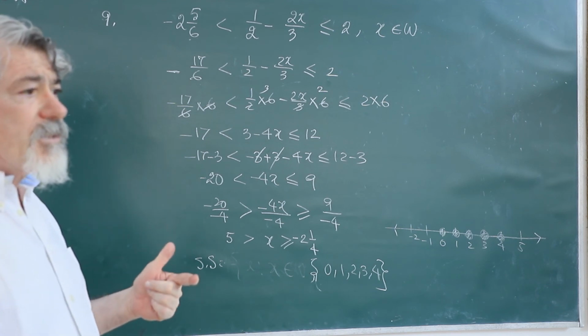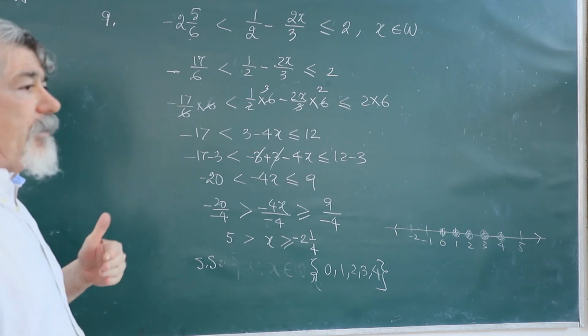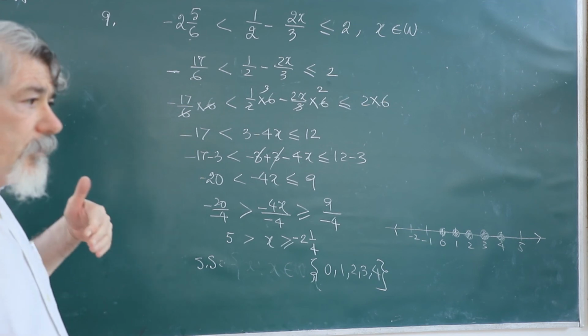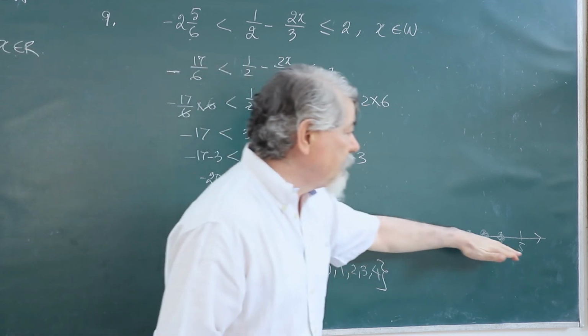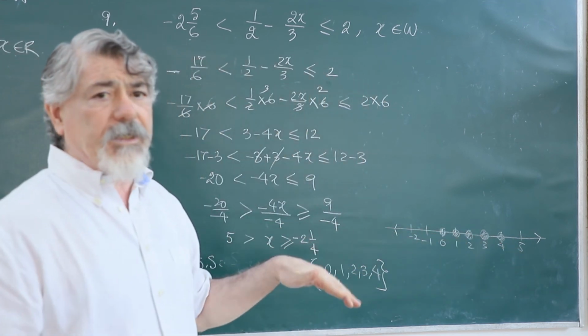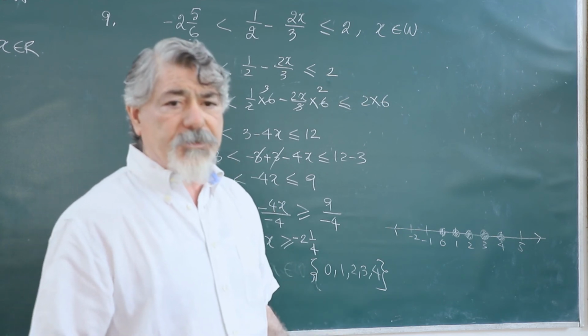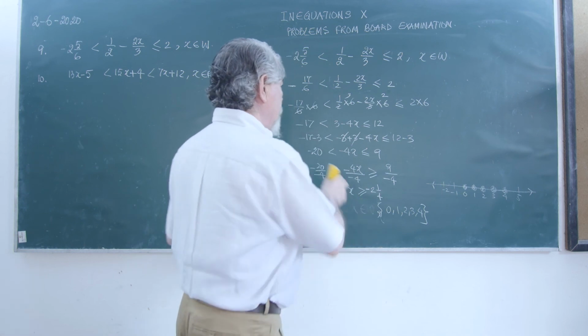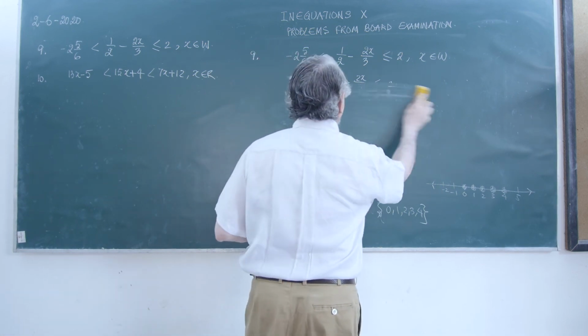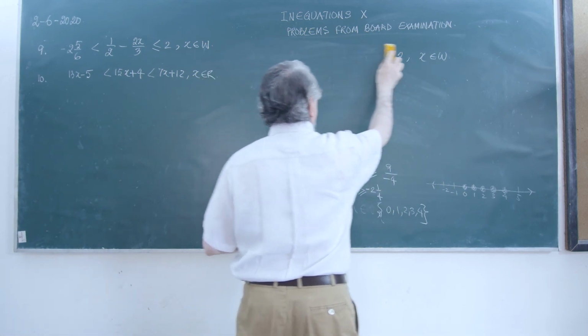I will discuss in my next lecture the questions where we give you a graph, a plotting, and ask you to write the corresponding inequation. We will do a few questions on that, and that shall finish this chapter completely.